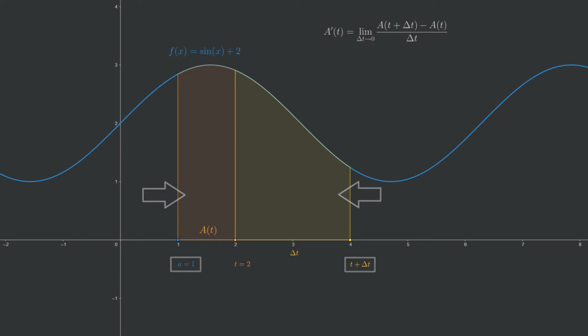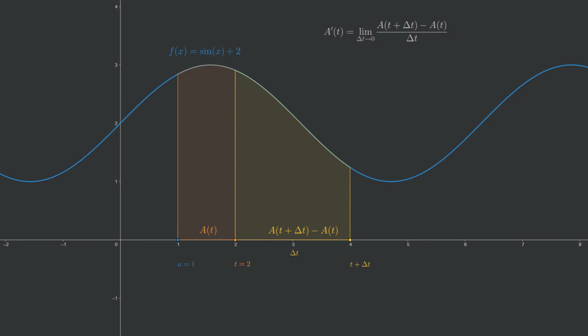The other part of the numerator, A of t, is of course the orange part. So the difference of those two is exactly the part which we have colored yellow. So the differential quotient above can graphically be thought of as the yellow area divided by delta t, which is graphically the width of that yellow area.